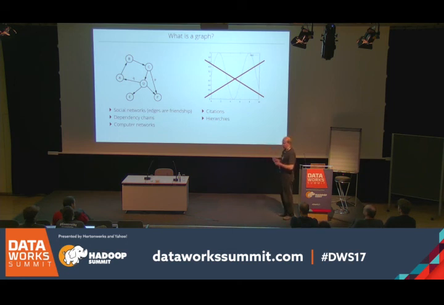You can have computer networks where the network connectivity, the topology, is depicted by the edges. You can have articles and citations, and I'll show an example of this later. You can have hierarchies. So wherever you look in nature, graphs occur.